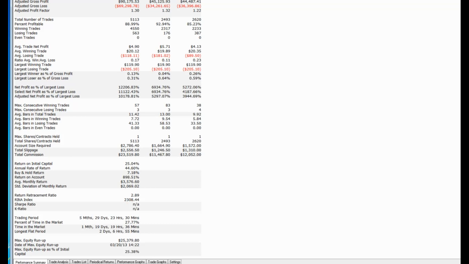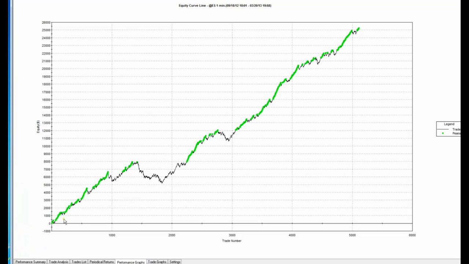Yeah, Chili G, this is about half a year. It's actually 5 months, 29 days. Pretty close to 6 months, yeah. And then we have performance graphs. What you're looking at here is, on the side, the scaling of the dollars from 26,000 down to 0, and the number of trades. The green dots are new relative highs.